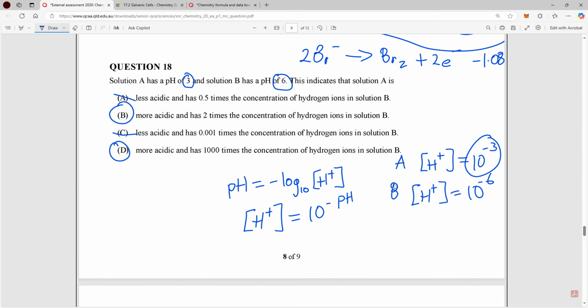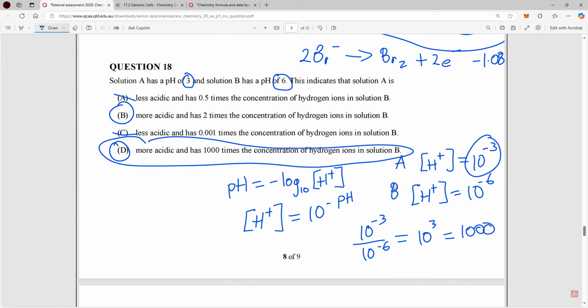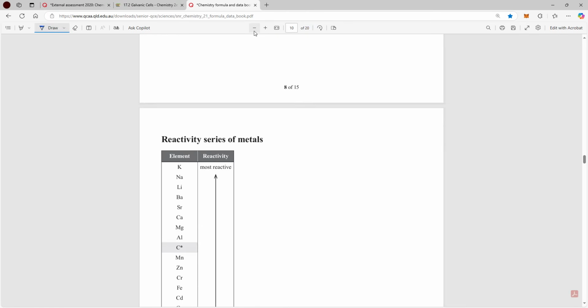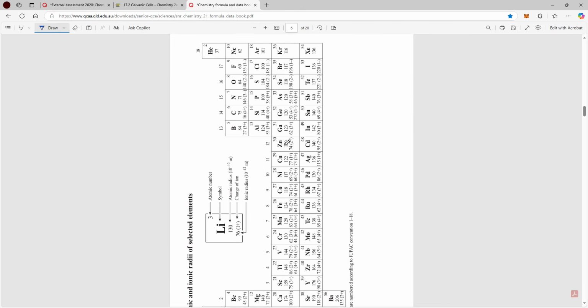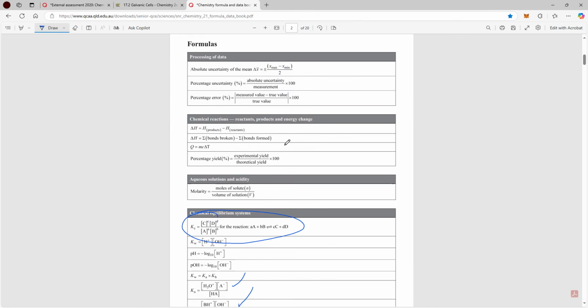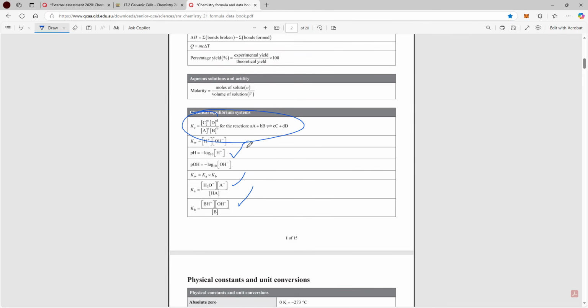So if we go this divided by that, that'll tell me how many times bigger A is than B. So 10 to the negative 3 divided by 10 to the negative 6 gives you 10 to the 3, which is 1,000. So the correct answer is actually D. That one's a bit tricky because you've got to do a little bit of mathematics here. The way you can find this formula, it's on your sheet, just up there. So just in there.